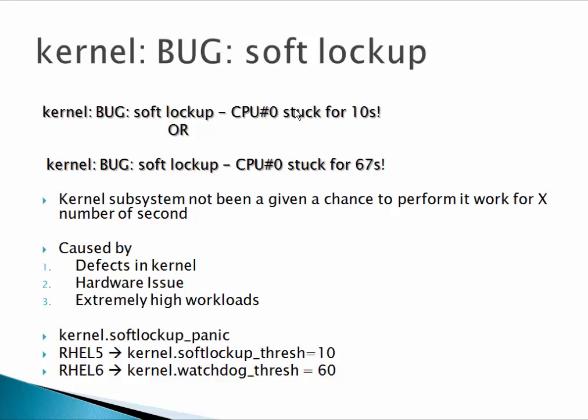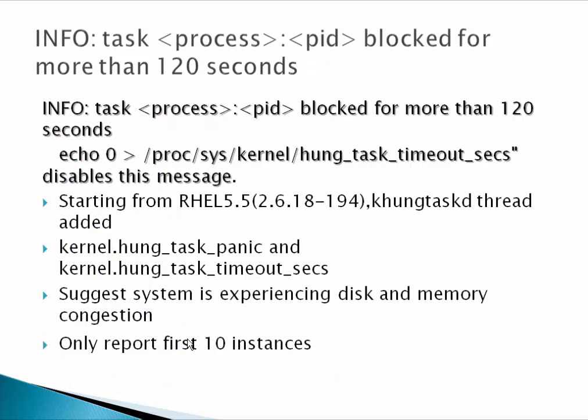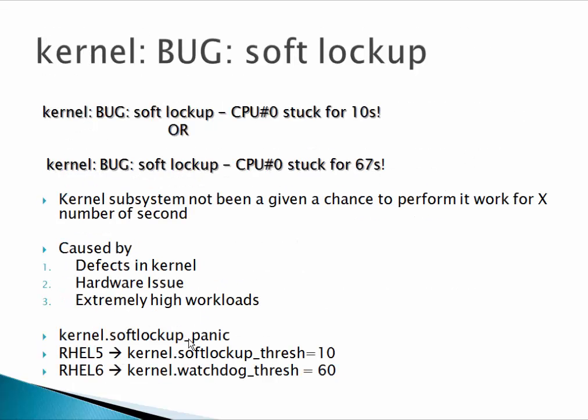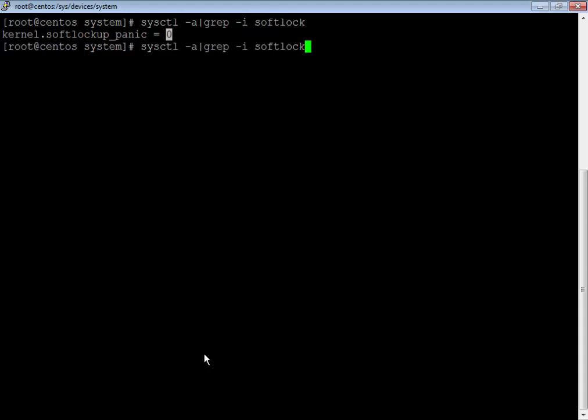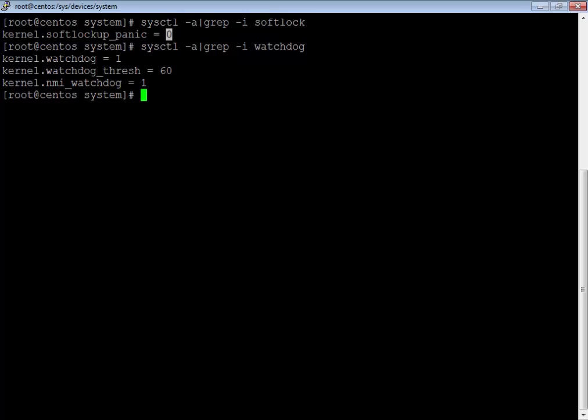If you look at the first line, it says kernel BUG soft lockup CPU 0 stuck for this many seconds. This is generally configurable with the help of a parameter. In case of RHEL 5, the parameter is called kernel.softlockup_thresh equal to 10. In case of RHEL 6, it has been changed to watchdog_thresh, which is equal to 60 seconds.